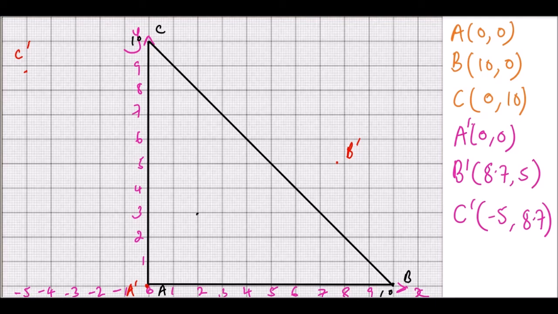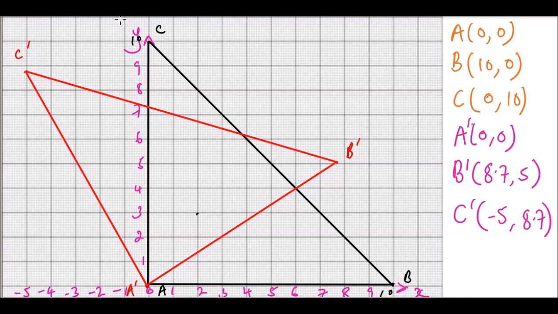So this is the image of our triangle, and you can see this is a rotation. Our triangle ABC is rotated. The center of rotation, you can see it is 0, 0. A is not changing.